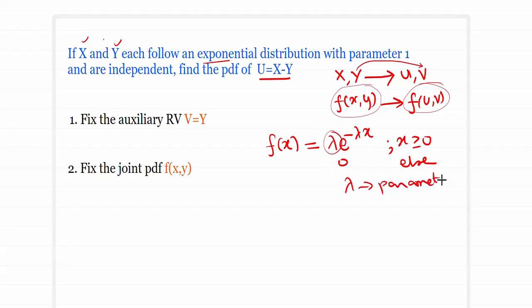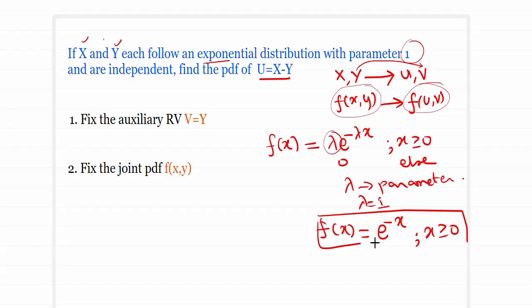Now we have been told that this follows with parameter 1, which means lambda is taken as 1. Now after replacing it, f of x is equal to e power minus x, valid for x greater than or equal to 0.